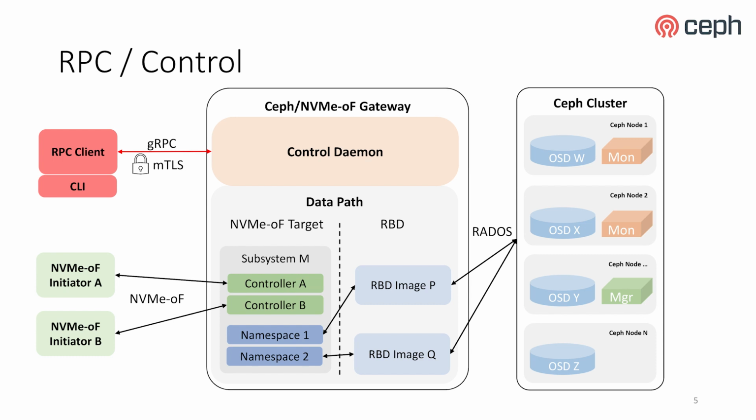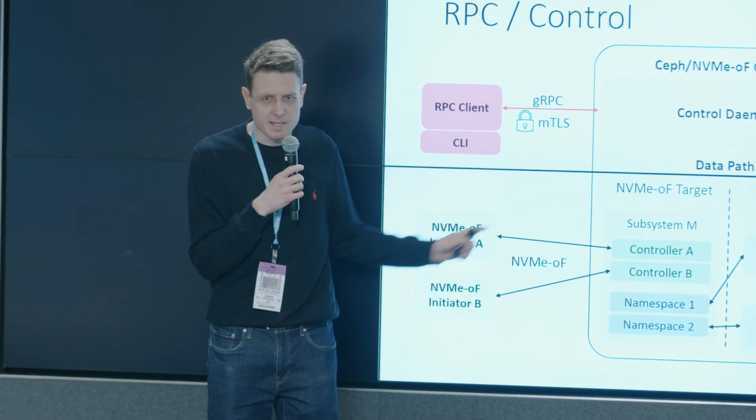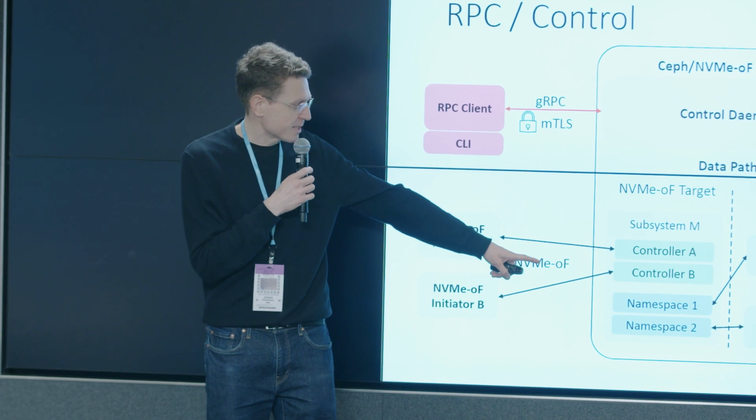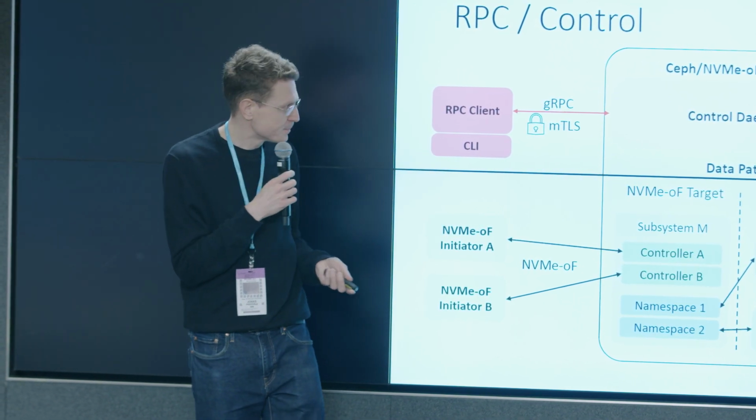And the control daemon is basically there to set up the whole mapping, right? So you can tell the control daemon to do stuff like map this RBD image to this subsystem and this namespace ID, create this listener where you want the subsystem to listen at so people can connect to it, things like this. The control daemon is responsible for that.